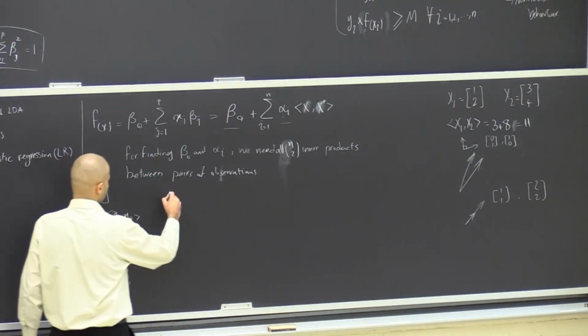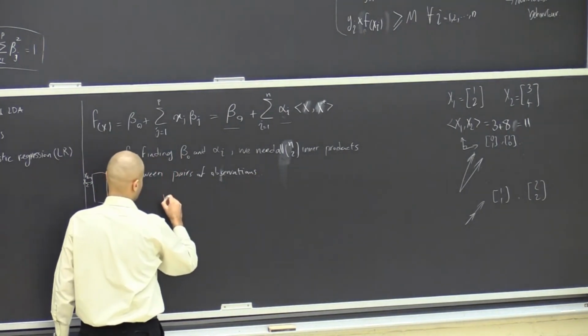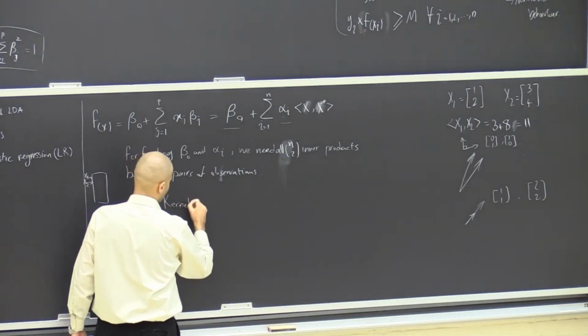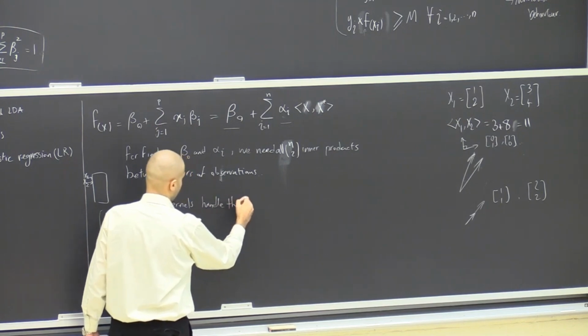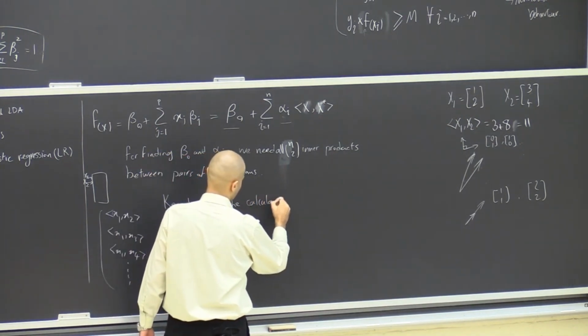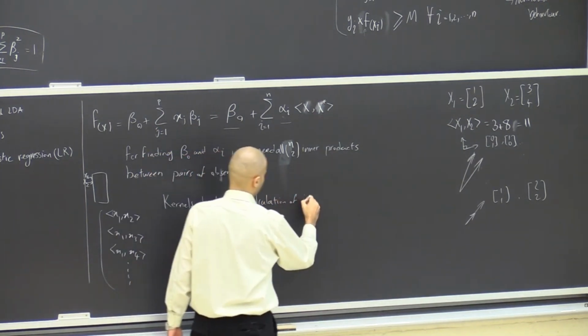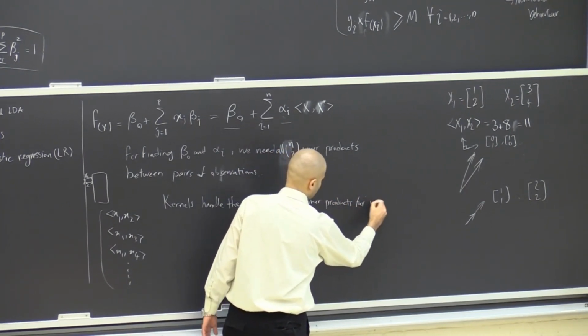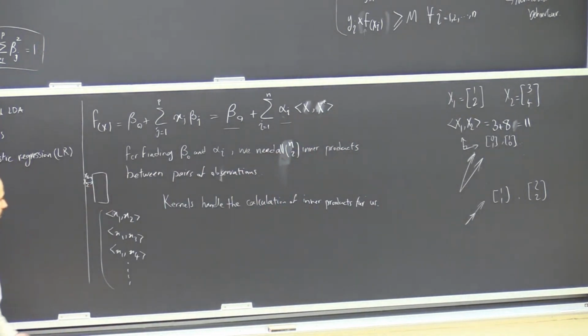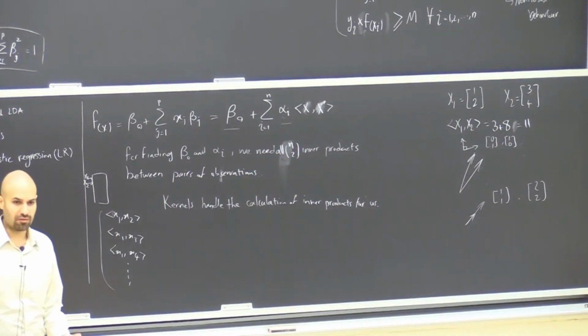But then kernels handle the calculation of inner products. So kernel is a function. For example, we have polynomial kernel, we have radial kernel.